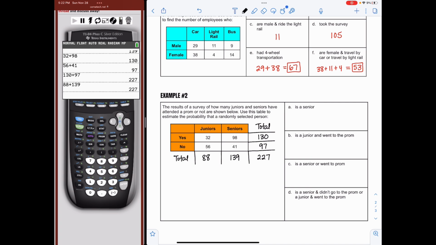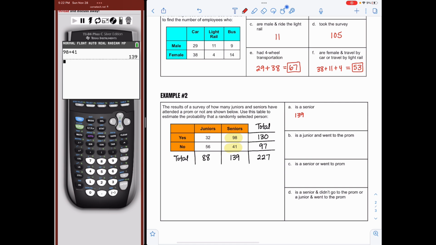So now let's find the probabilities. The first part says, find the probability that the randomly selected person was a senior. So you had 98 seniors who went to the prom, 41 who did not. So if I do 98 plus 41, that is 139 seniors total.